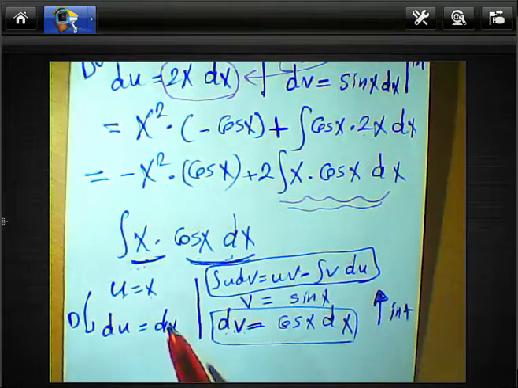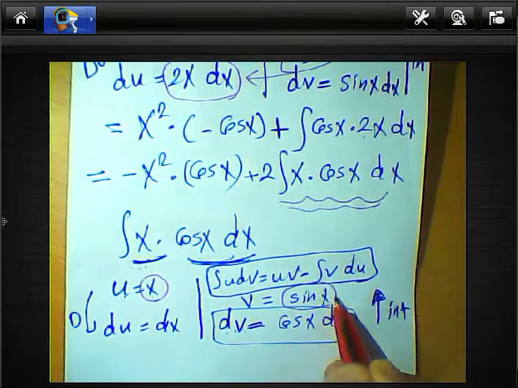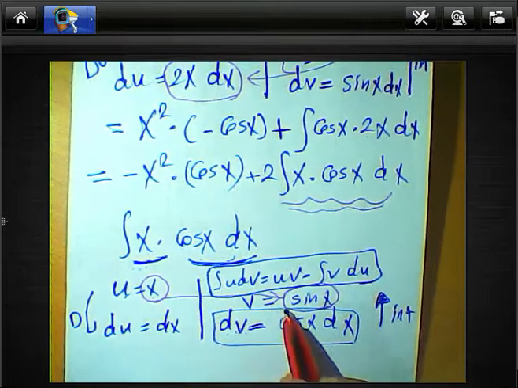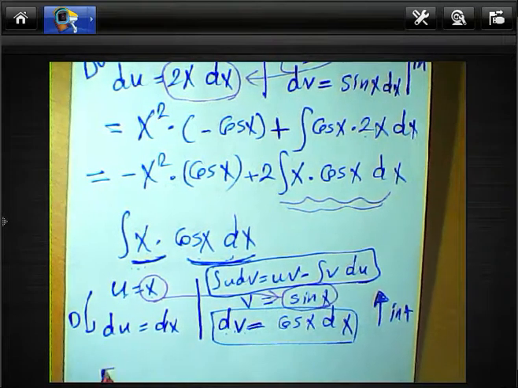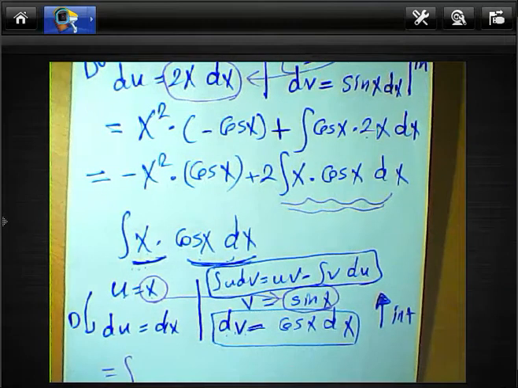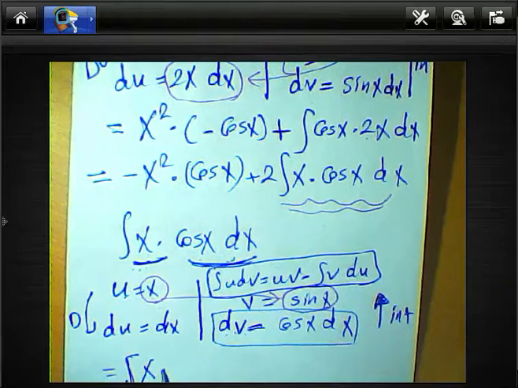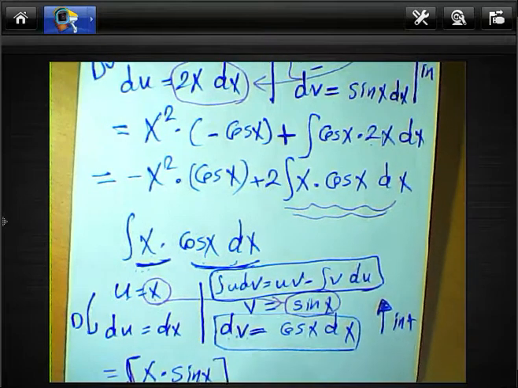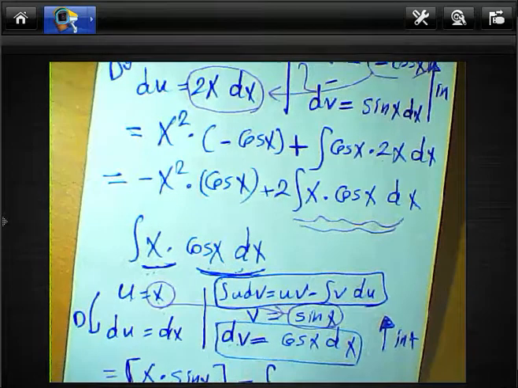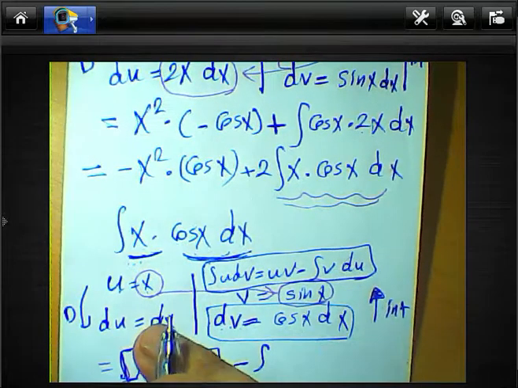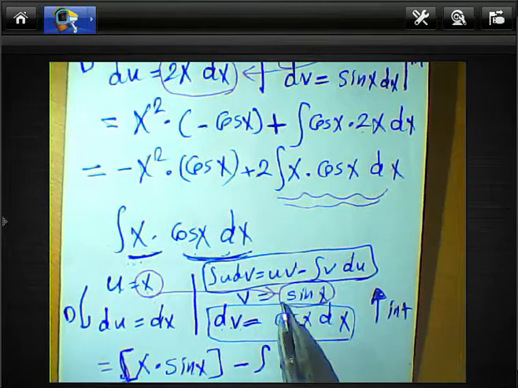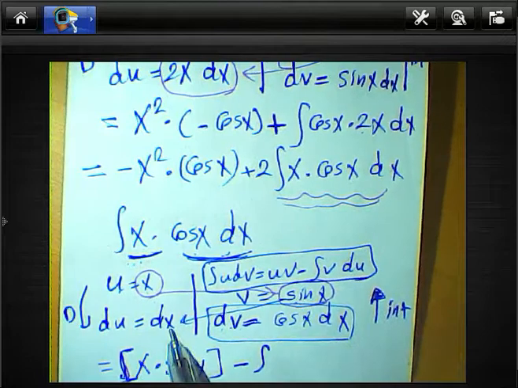Using this method, we get x multiplied by sine x, subtract the integration of sine x dx.